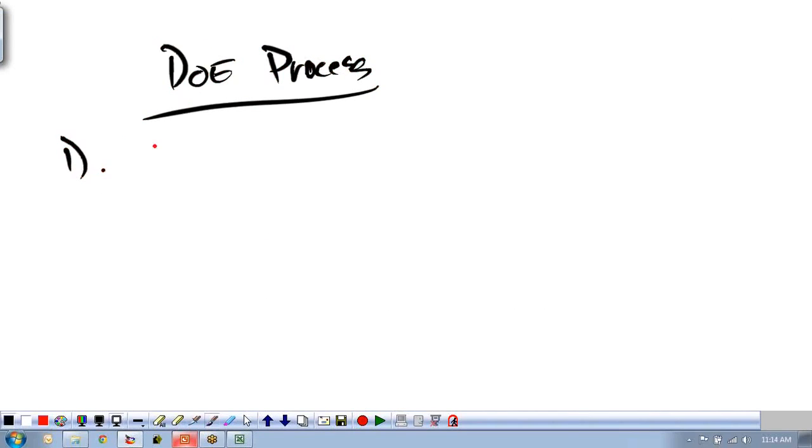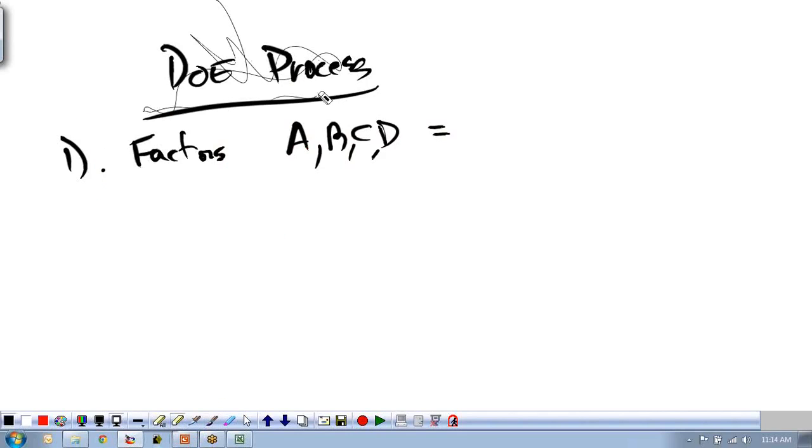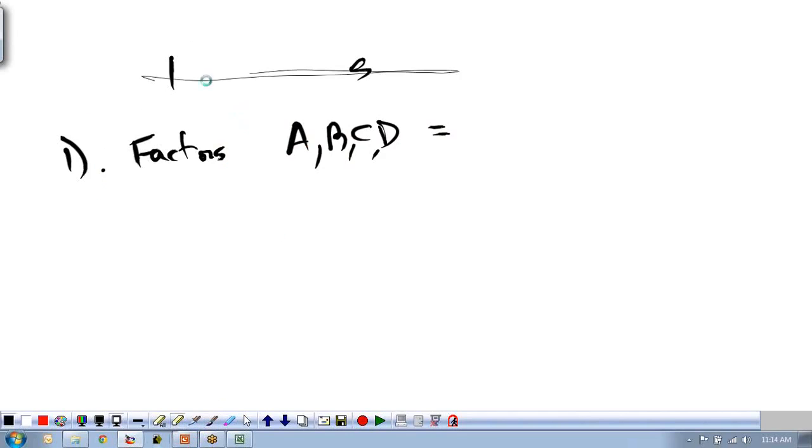And so just to say what the process was, the DOE process, and it was this. Number one, we decided upon factors. That was the A, B, C, D. You know what, I'm going to put in a step 0 here. Okay, step 0. We decide upon the response, the output.